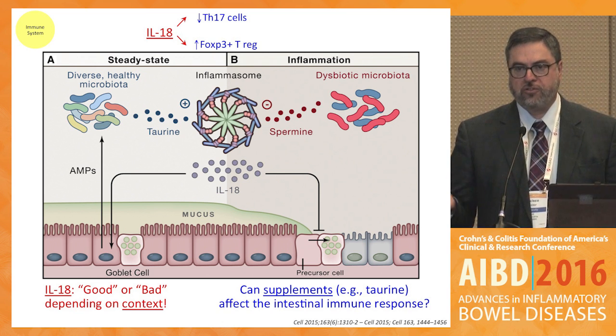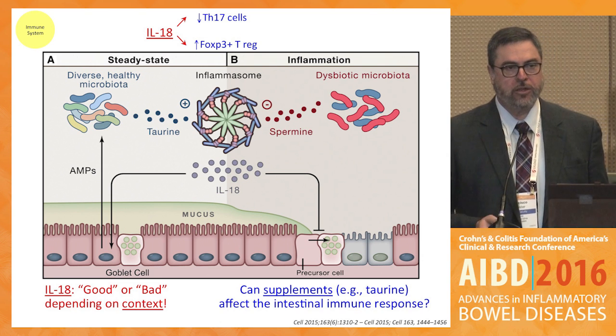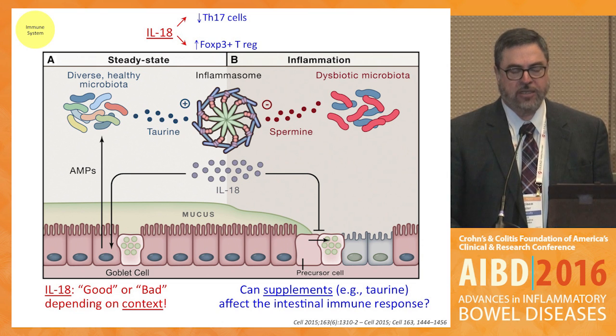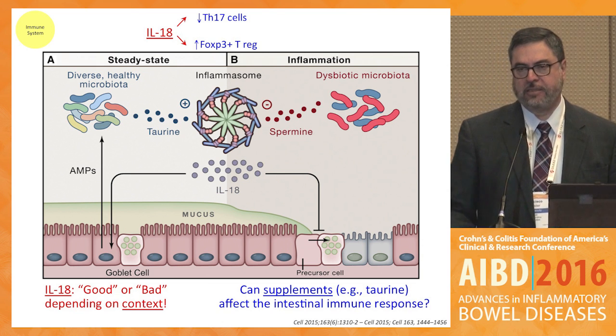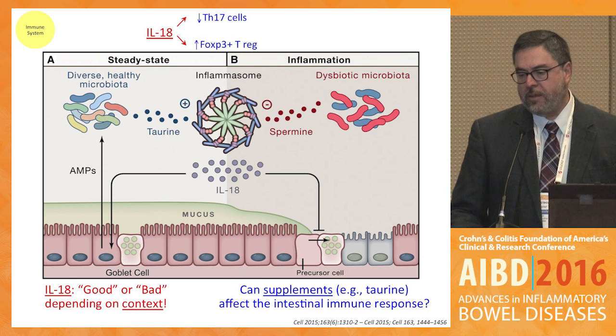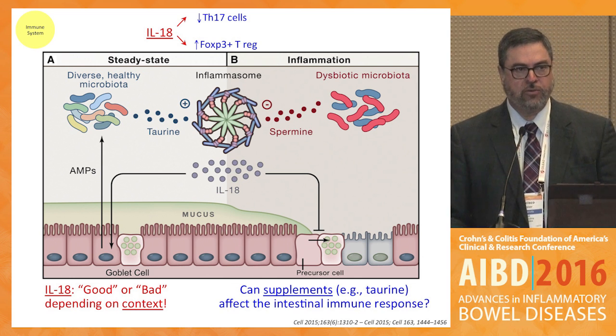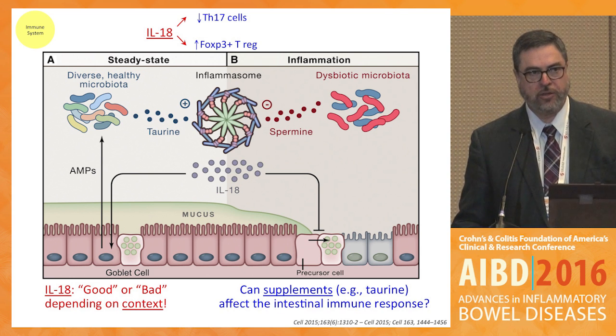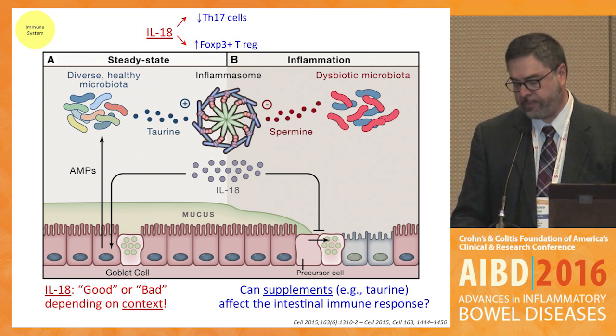So it's one of those things of yin and yang, and we learned this the hard way with IL-17, where clinical trials in Crohn's patients using antibodies against IL-17 were not only not helpful, but were harmful. And we all thought that IL-17 was a slam dunk. So if we're going to target IL-18 as a therapeutic target, we have to be careful.